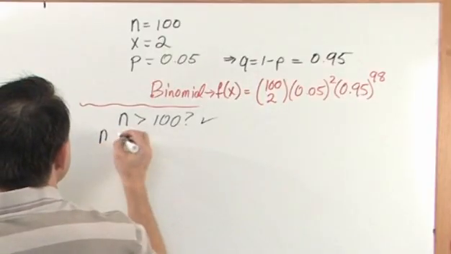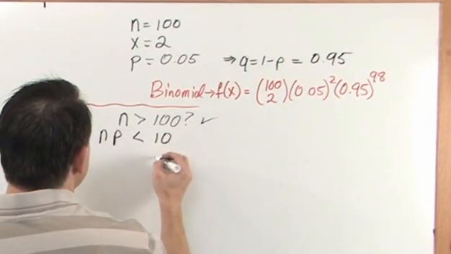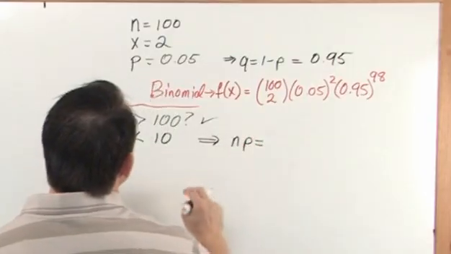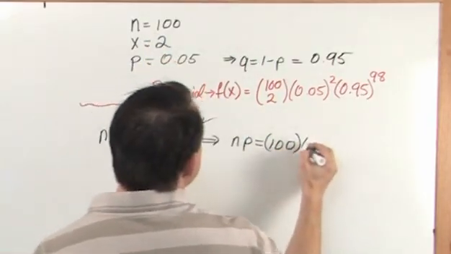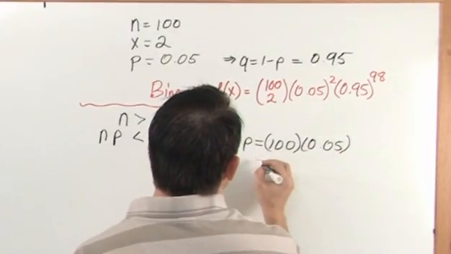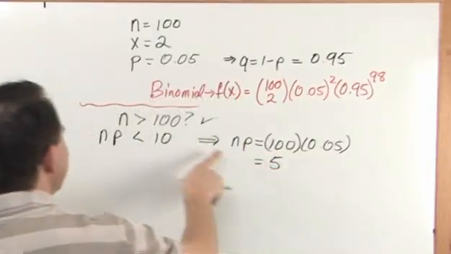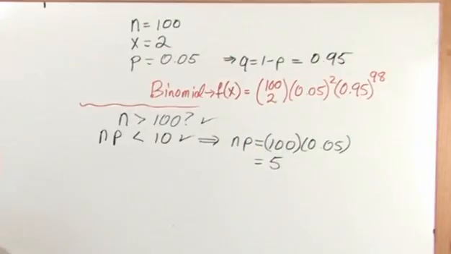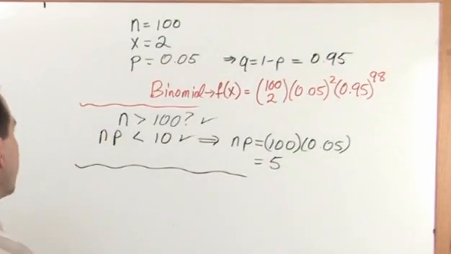The second thing is n times p must be less than 10, okay? Is this true? What is n times p? N times p is 100 times the probability of success, 0.05, which equals 5. 5 is definitely less than 10, so both conditions are validated, so we can use the Poisson distribution to approximate this binomial distribution here.